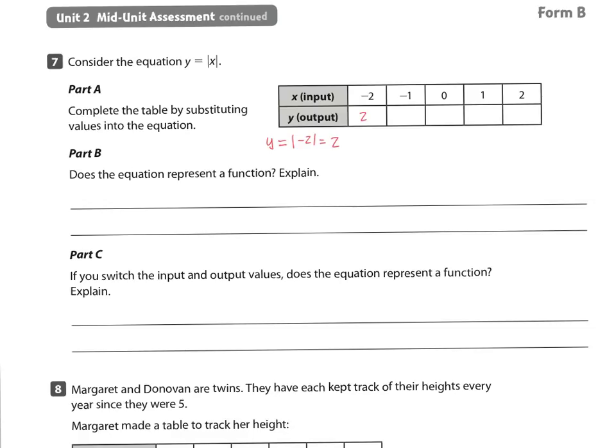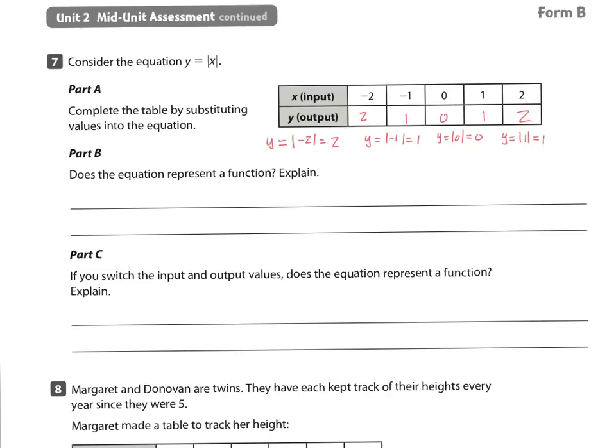Then y is equal to the absolute value of -1, and that's going to give us +1. Y is equal to the absolute value of 0, and that's going to be 0. And then y is equal to the absolute value of 1, and again the positive is going to be 1, and so on.